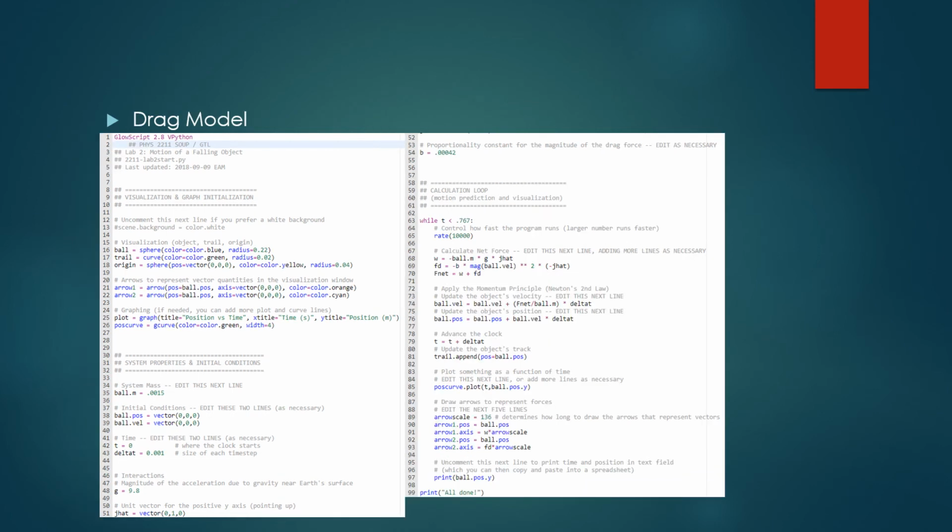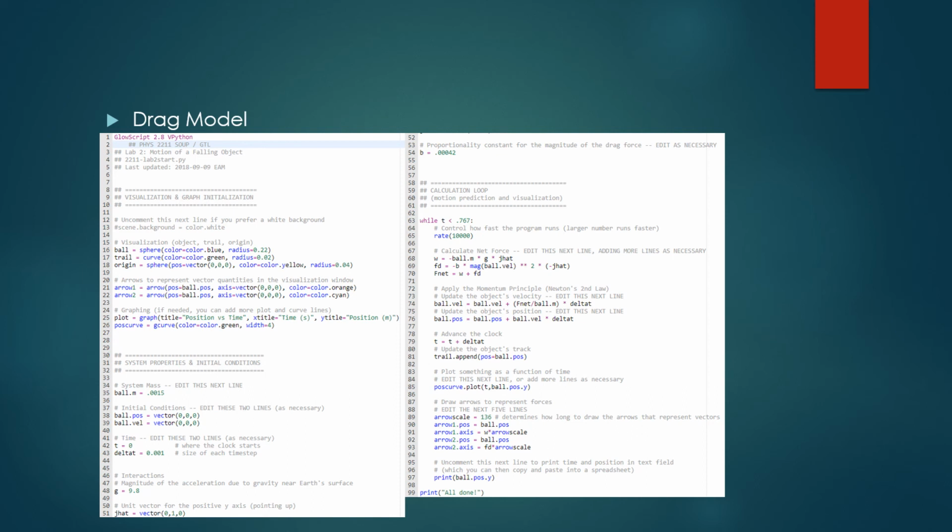This is my code for the drag model. The major difference here is line 54, where I have b set to 0.00042, and on lines 68 and 69, I have set up equations for the two forces. Line 68 is weight, where it is the ball's mass times gravity times the direction vector.